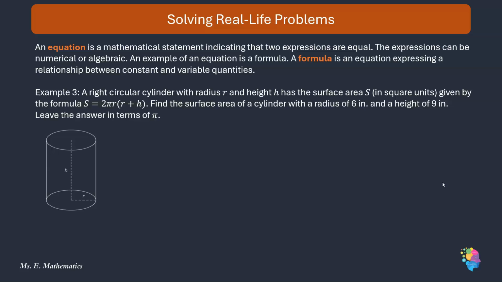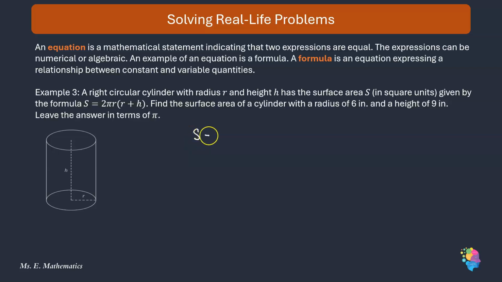So let's try an example here to fully understand what all of these definitions are saying. A right circular cylinder, here's an example of that, with a radius r and a height h has a surface area S in square units given by this formula. Let me write it down over here so we can take it out of all of these words.